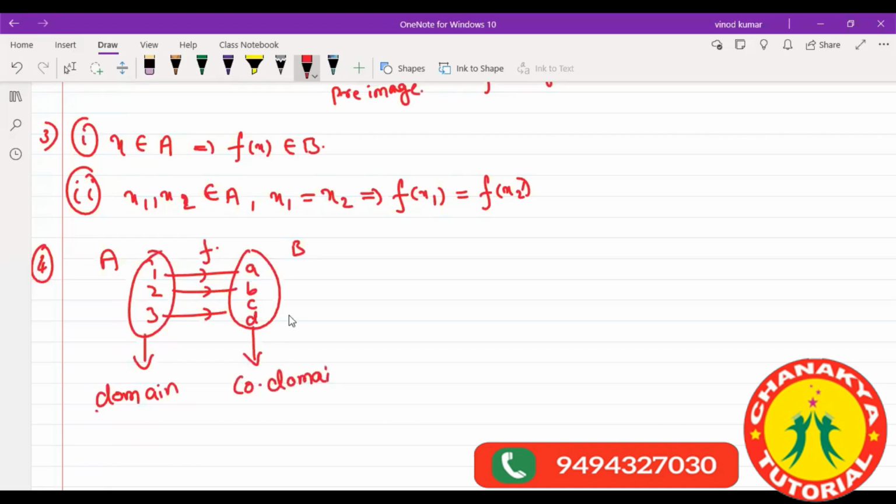Codomain elements, but the elements A, B, C that are mapped with 1, 2, 3 are range elements.